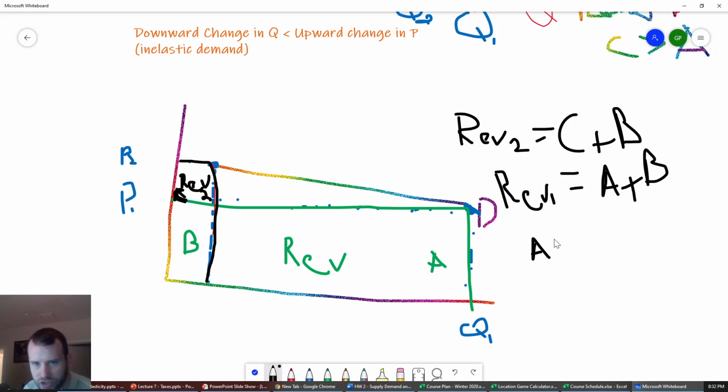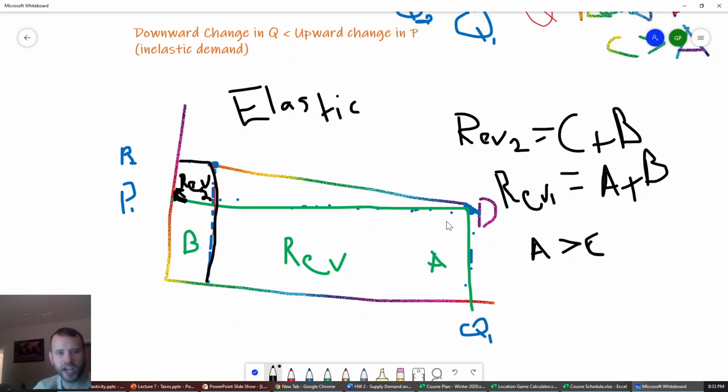A is much greater than C, as it's drawn here. So for elastic, what does it mean to be elastic? That means there's a high change in quantity demanded from Q1 to Q2, even though there's only a small change in price from P1 to P2. So that means your revenue is going to go down.